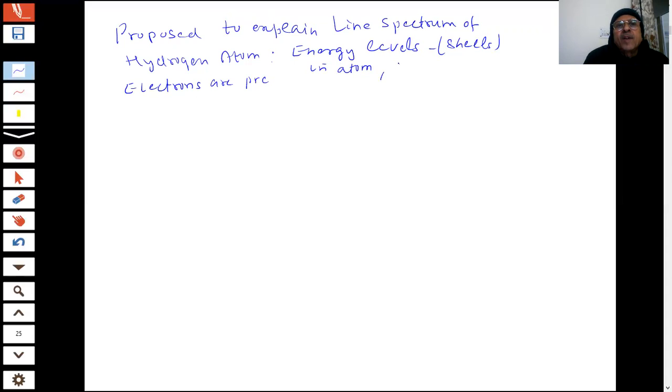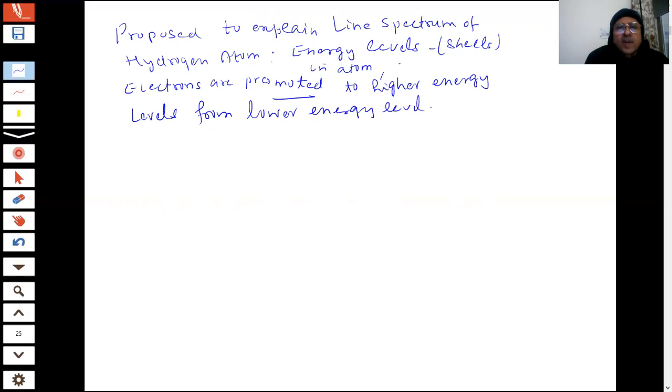and electrons are promoted to higher energy levels from lower energy levels. In the case of hydrogen, that electron is present in the ground state, student.